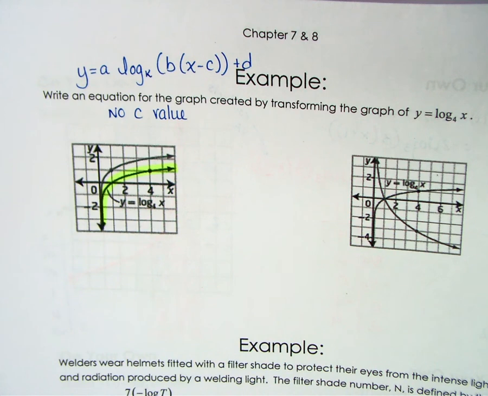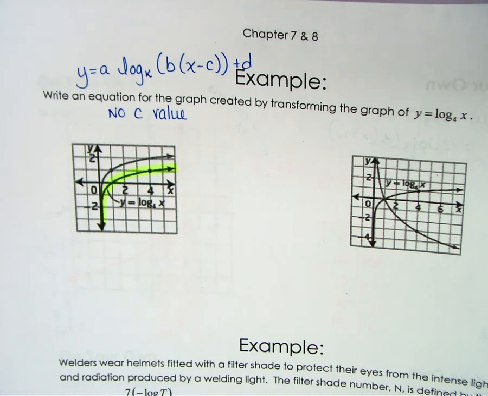Okay, let's talk about a horizontal shift. No, a vertical shift. We just did that, yeah. A vertical shift. The highlighted one is the parent graph. So we're going to look for a place that the y value on the original graph is 0. And where is that, ladies and gentlemen?